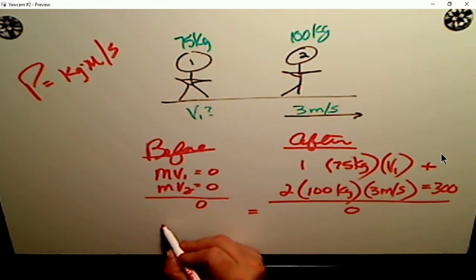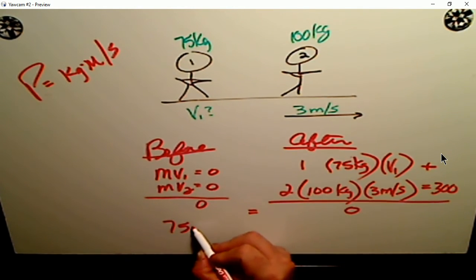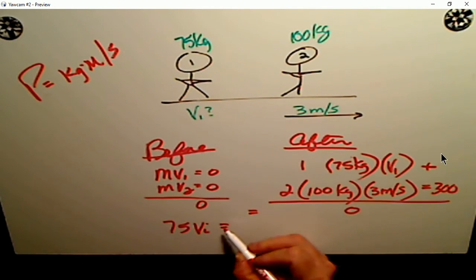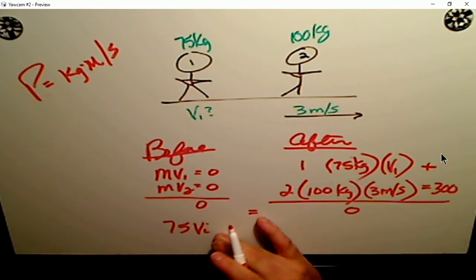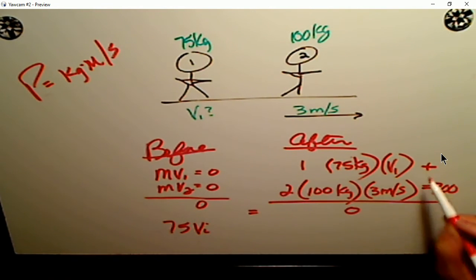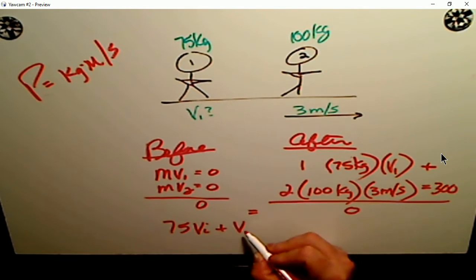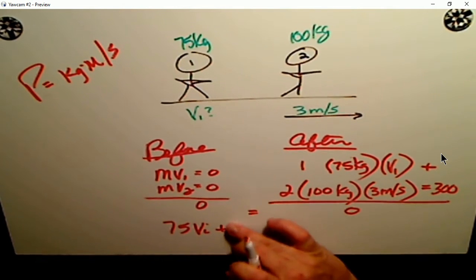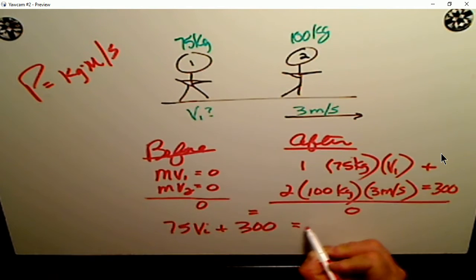So you see here, we can write this down: 75 times velocity 1, plus the velocity of 2 times its mass, which comes to 300, equals 0.